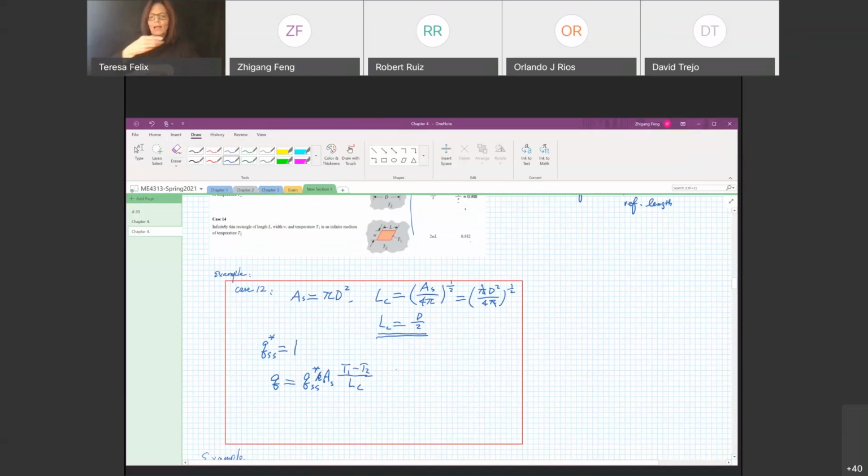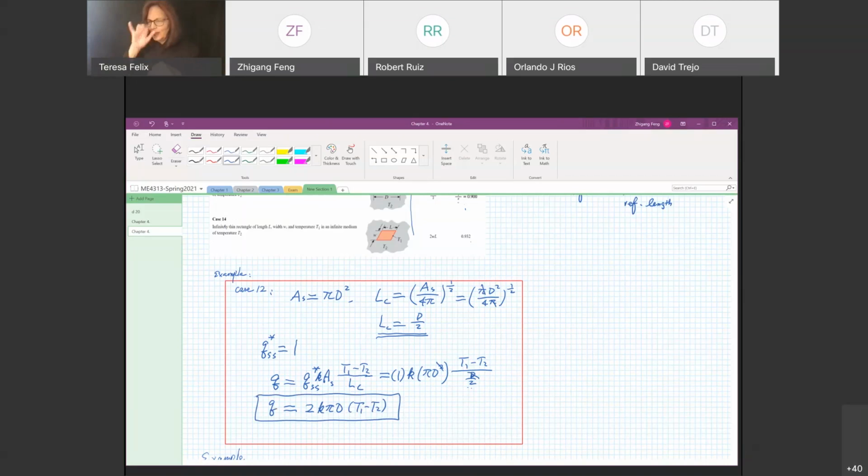Q star is equal to 1, k of the medium, multiplied by A sub s, which is pi d squared, multiplied by T1 minus T2 over L sub c, which is d over 2, half of the diameter. So we can cancel out one of the d and flip the 2. So we have 2 k pi d multiplied by T1 minus T2. This is the heat transfer rate between a sphere and an infinity domain.